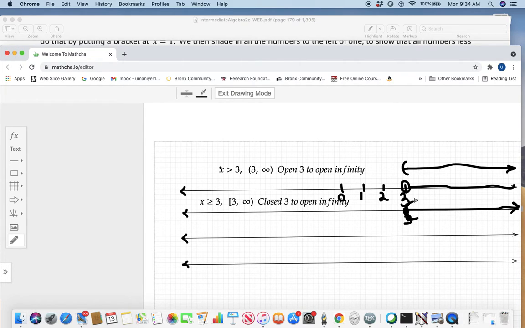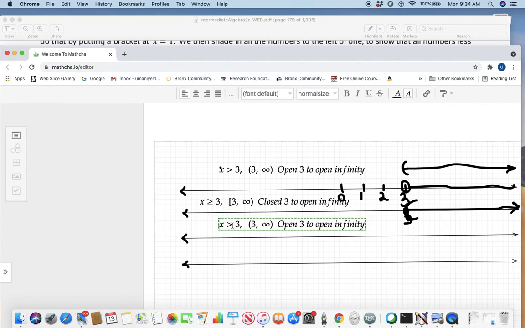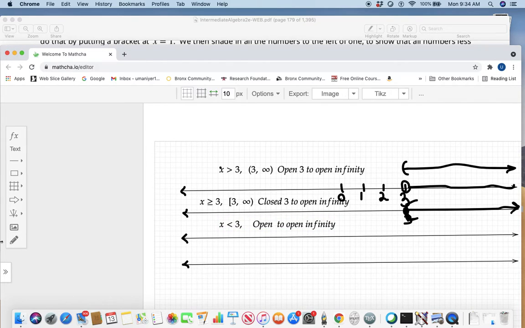Some people, instead of parenthesis, use a bracket at 3. All right. What about the case that you have less than? Instead of greater than, you have less than. So this is x less than 3.